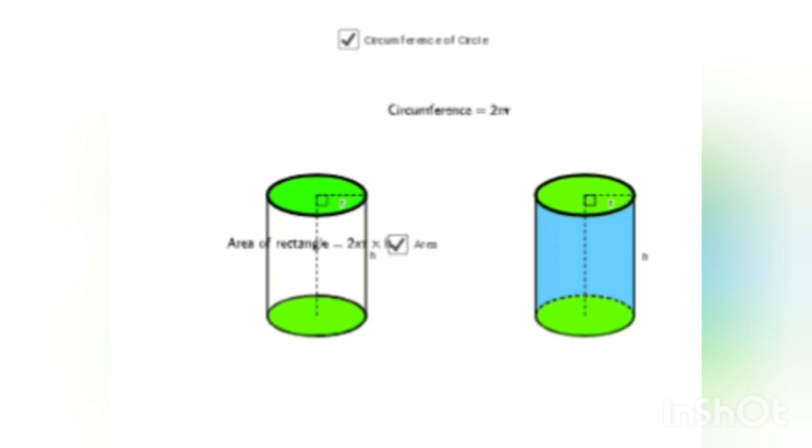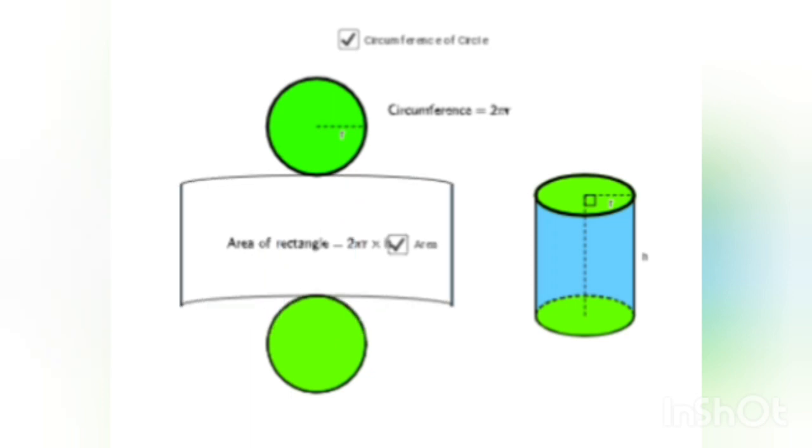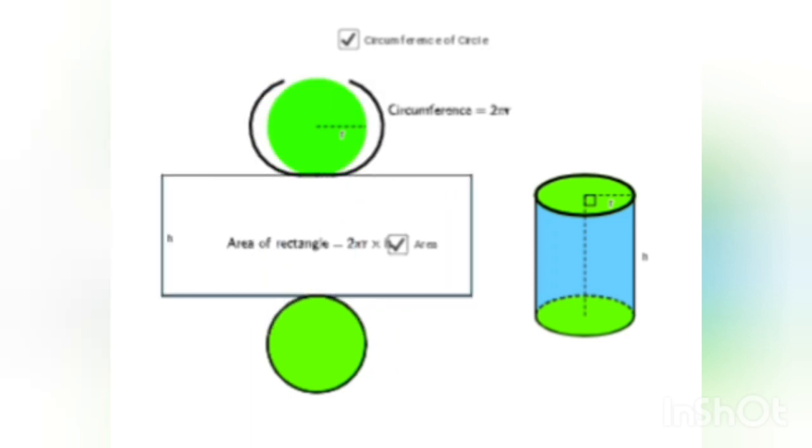Yes, students, let's learn about the CSA and TSA of cylinder. To find the TSA or CSA of the cylinder, we have to cut the cylinder vertically. After cutting the cylinder vertically, both the circles, the top area and the bottom area will be detached, and then the curved part will be opened as rectangle.